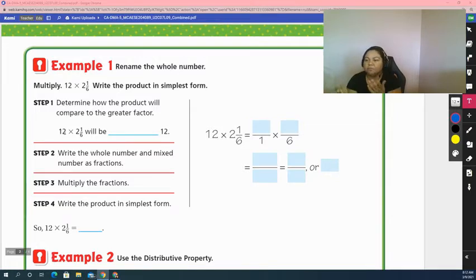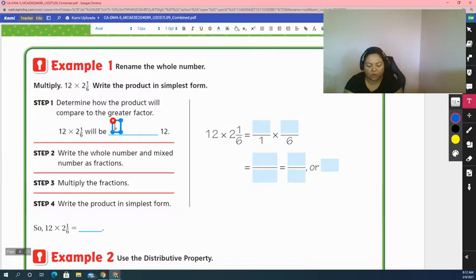So it's like having two mixed numbers. When I multiply two numbers greater than 1, remember that the product is greater than both factors. So when we get our final answer, our product needs to be greater than 12. That's basically what we're saying.